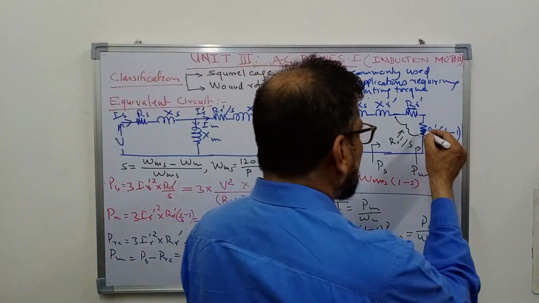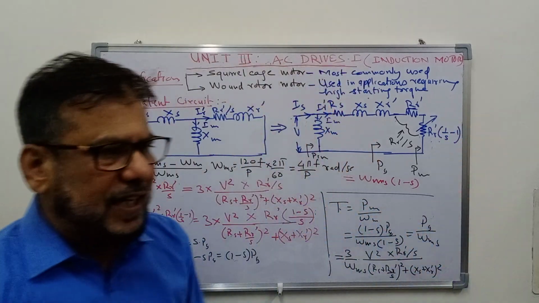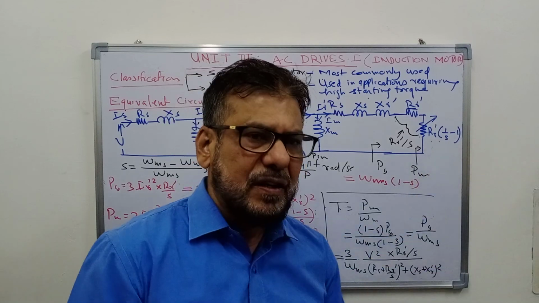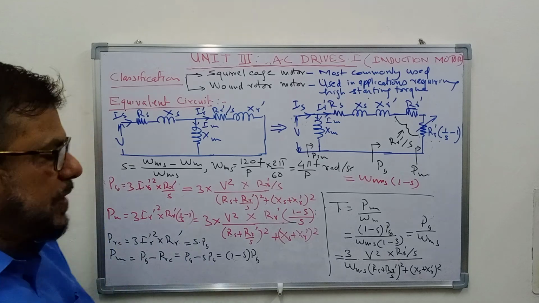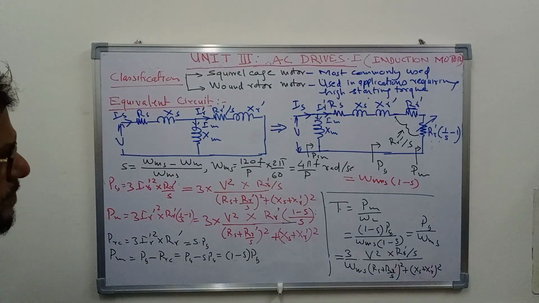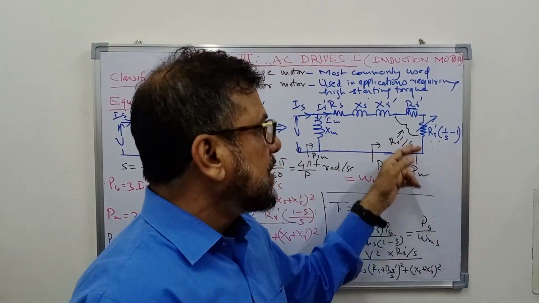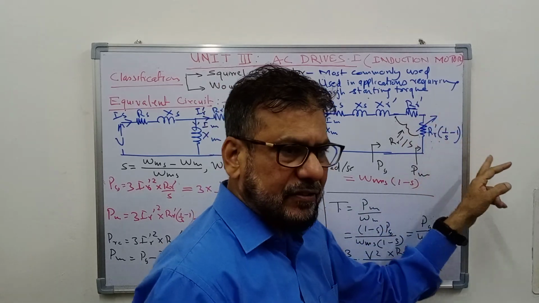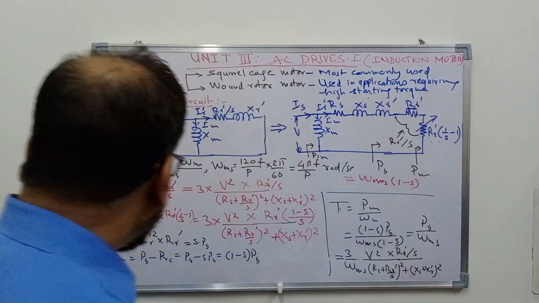So this resistance, RR dash 1 upon S minus 1, is actually the resistance across which the power will give you the value of mechanical power output or mechanical power delivered by the motor. So if you want to know the mechanical power, you can find out the power across this resistance RR dash 1 upon S minus 1. So that is the significance of this resistance.